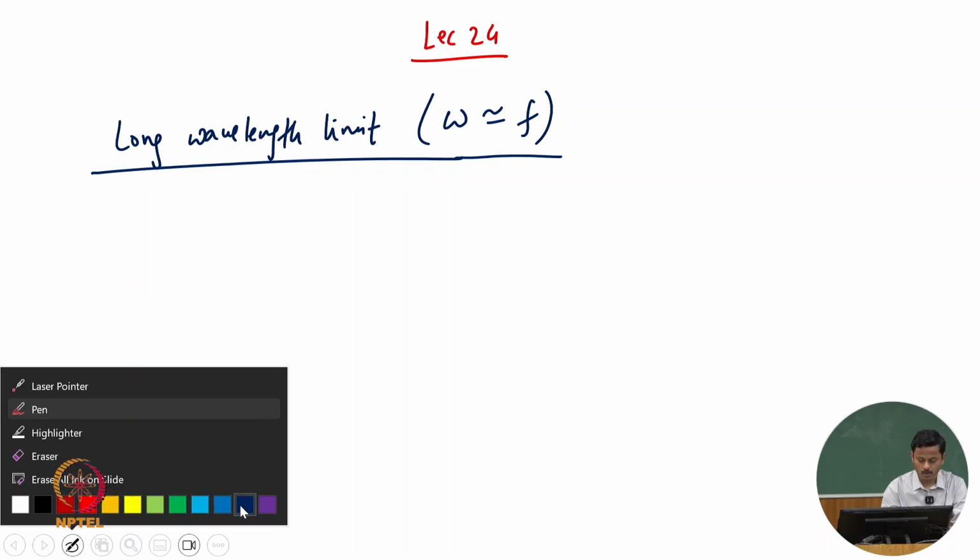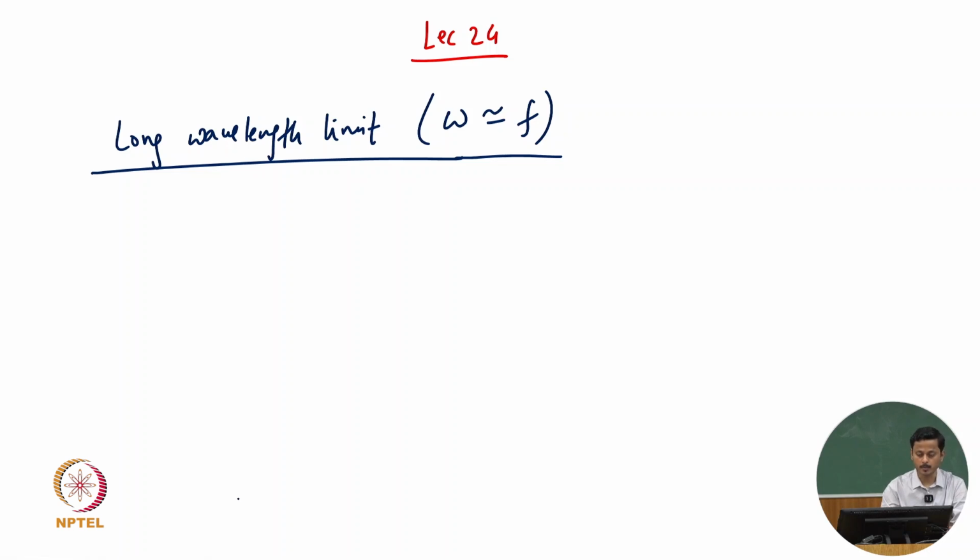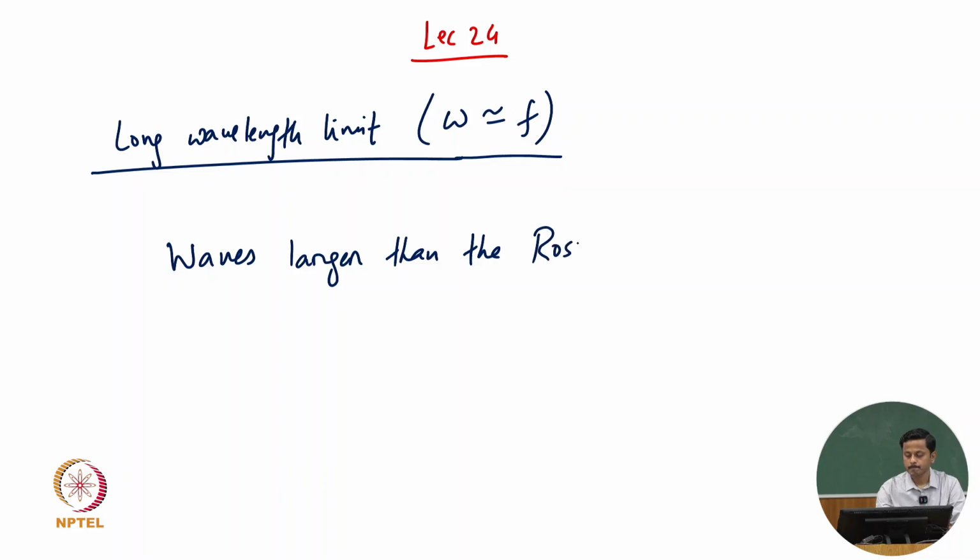Long and short are with respect to some reference parameter, and in this case the Rossby radius of deformation is the reference parameter. So we have waves larger than the Rossby radius of deformation.